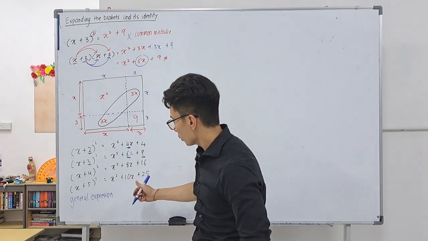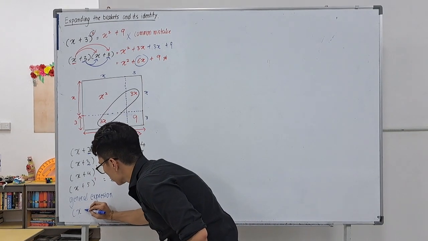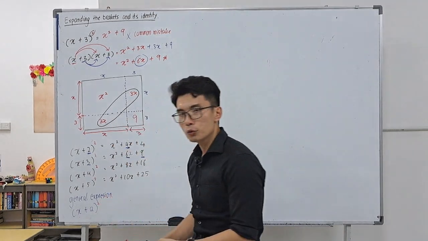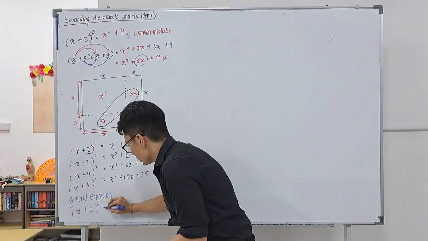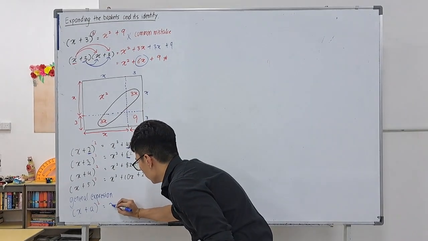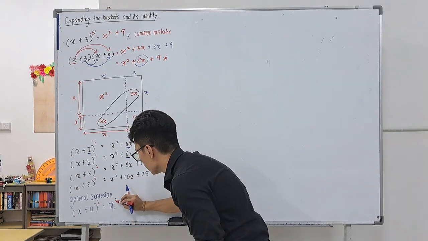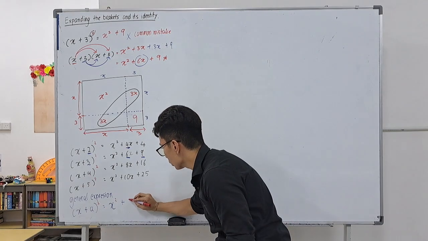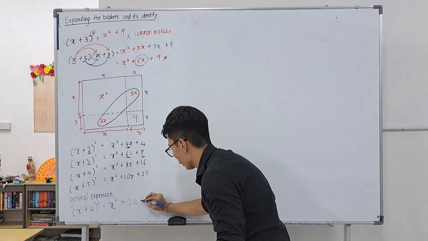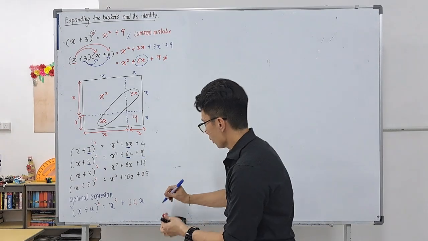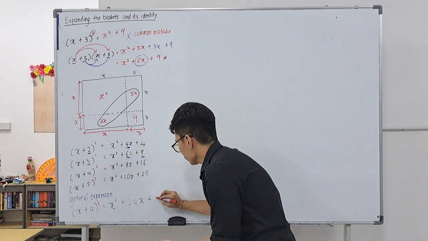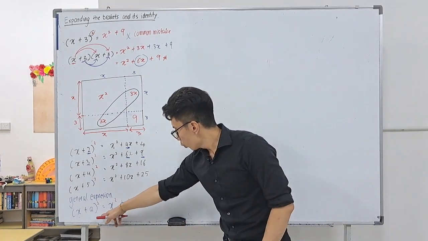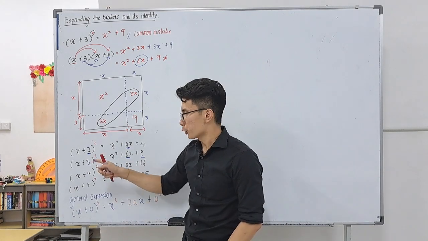If I have x plus a raised to the power of 2, that will always give me x squared plus 2 times a, but do not forget your x over there, plus a squared. This over here is going to be the general expression for all these things.